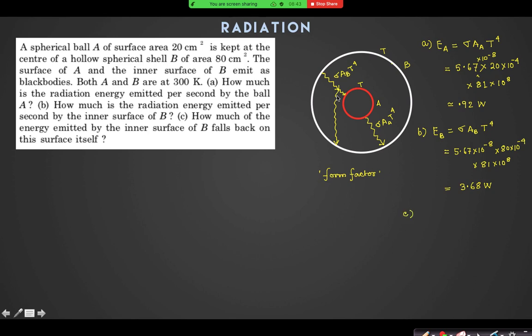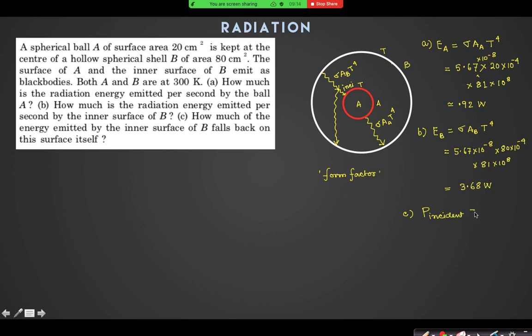Look, for the body A in steady state, whatever energy is incident on it, that is radiating out. Yes or no? Because it is in steady state, black body. So what is the power incident on body A?